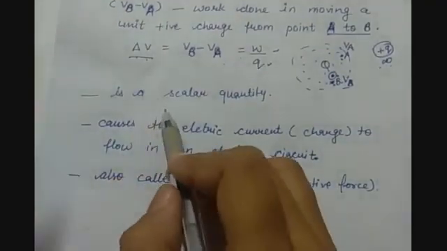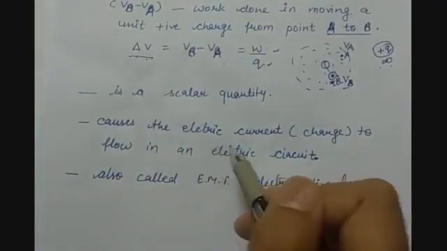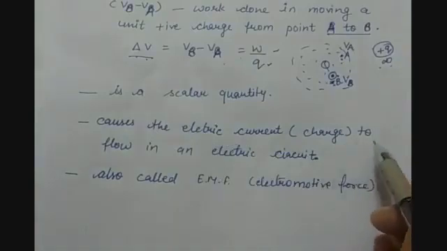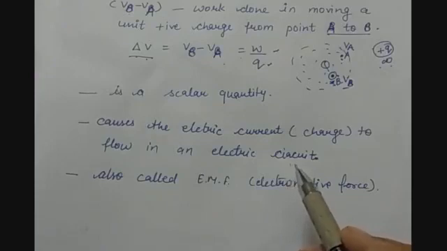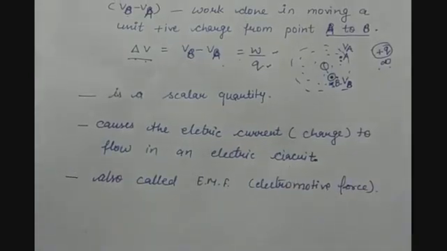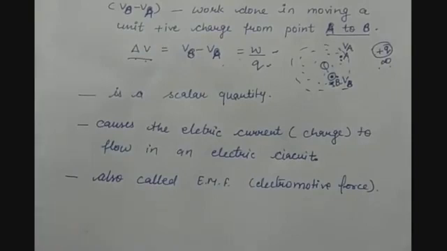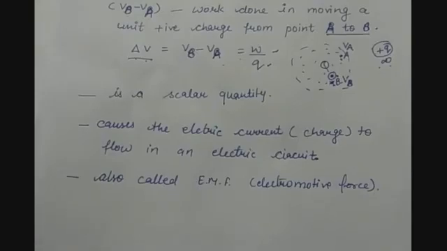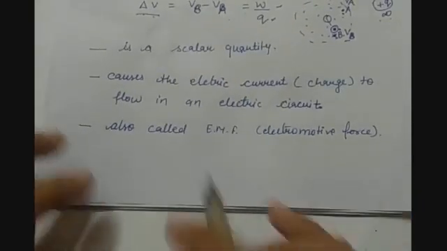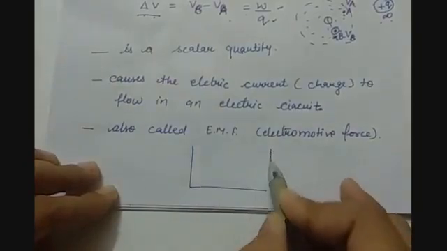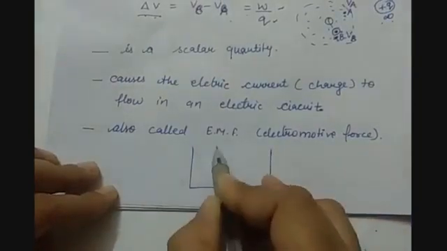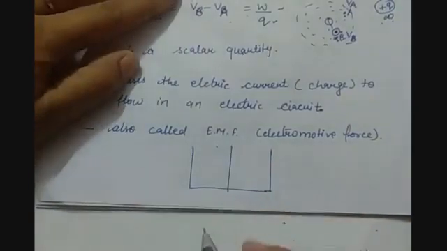Now what is the cause for electric current or charge to flow in an electric circuit? Always remember that charge is a type of energy. Energy always flows from higher level to lower level. Or you can take an example: here we have a container in which we have two sides.